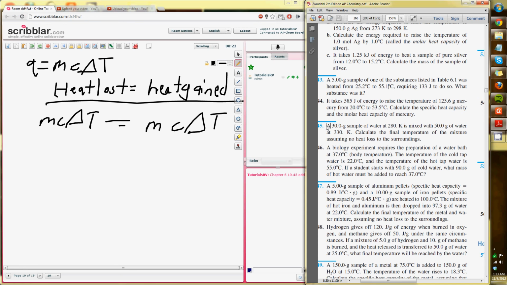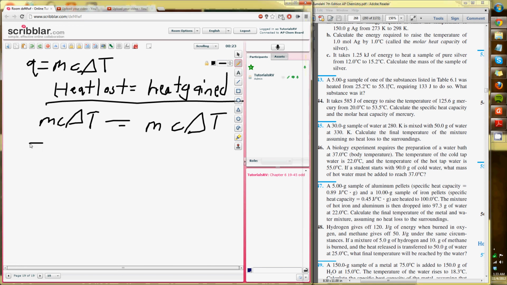and the first substance was 30 grams at 280K, and it's mixed in with the 50 grams at 330K. So let's just set those out. The one that lost energy is the 50 grams of water at 330K.